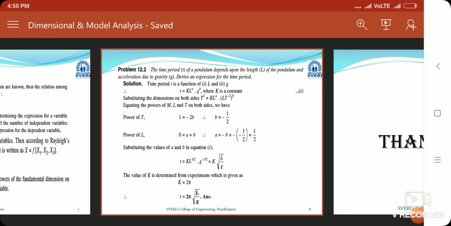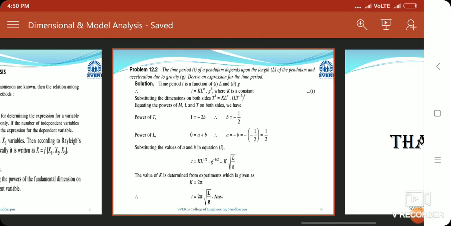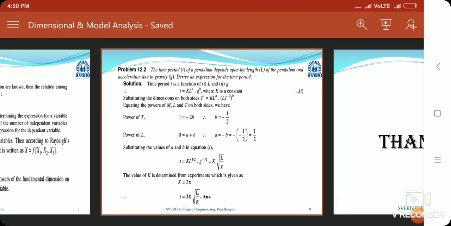Then we have to calculate a and b. Therefore, the power of T is equal to 1 on the LHS, and on the RHS it is minus 2b. Therefore b is equal to minus 1 half. Similarly, we equate the powers of L. This side is 0, so 0 is equal to a plus b.